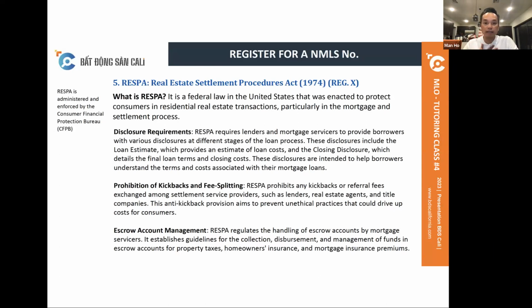If I don't have a real estate license and I'm an MLO, and I refer this client to the realtor and I ask for a kickback, I ask for a referral fee, or if I'm an inspector, or an insurance agent, still without a real estate license, or if I'm an escrow officer and I refer a client to a realtor and ask for a kickback without a license, then I'm violating the kickback rule by RESPA.